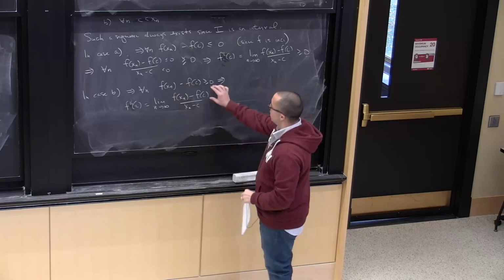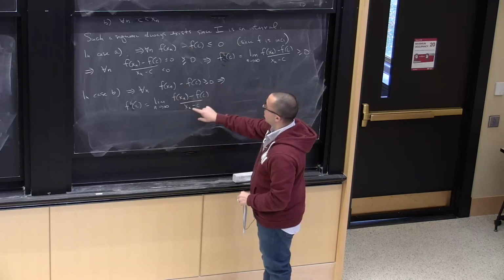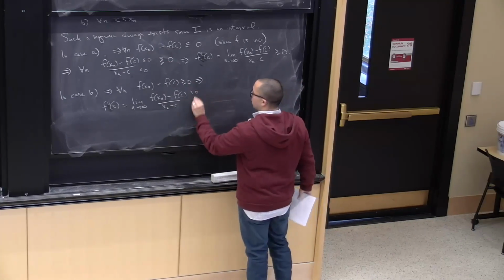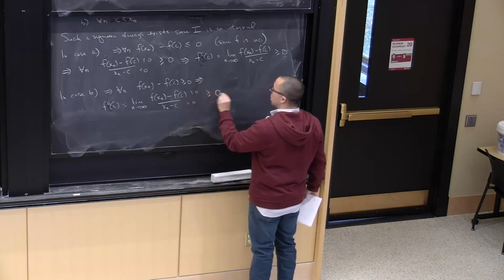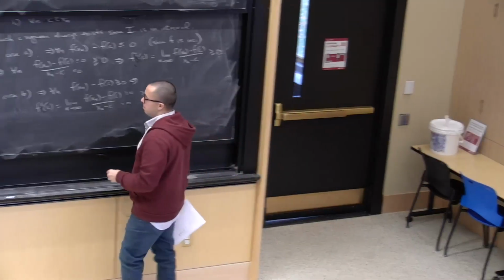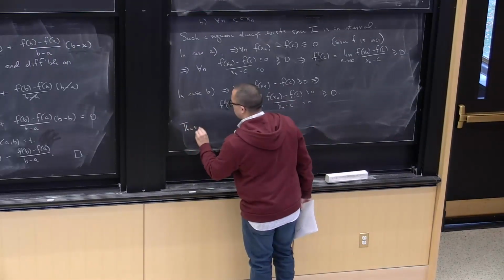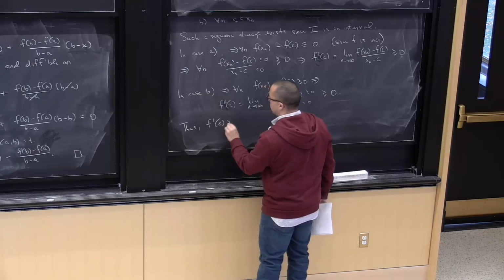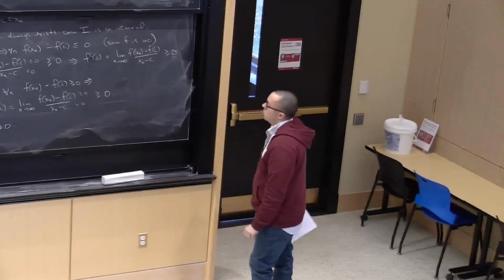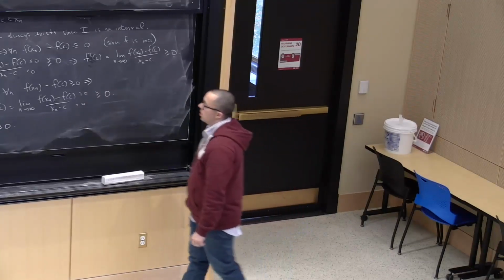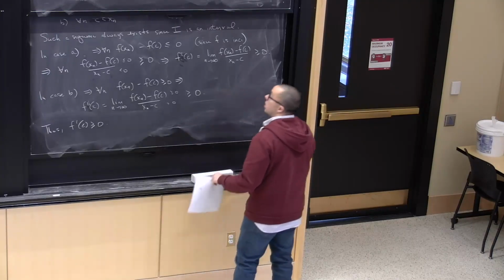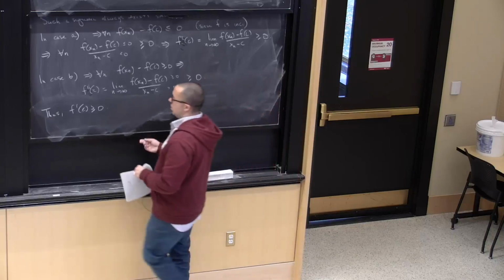What's on top is non-negative, and what's on bottom is non-negative because xn is bigger than c. So in either case, we get that f prime of c is bigger than or equal to 0. And therefore, we've proven that the derivative is always non-negative. So that's 1 and 2.